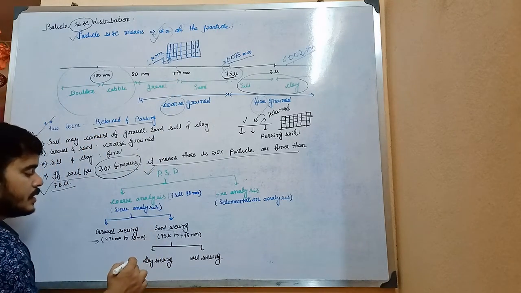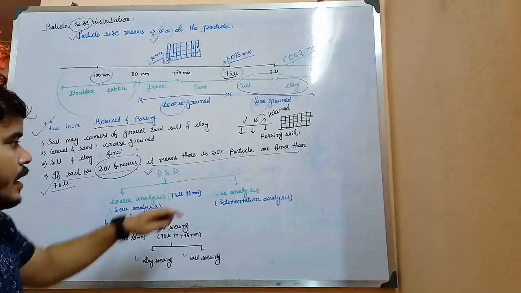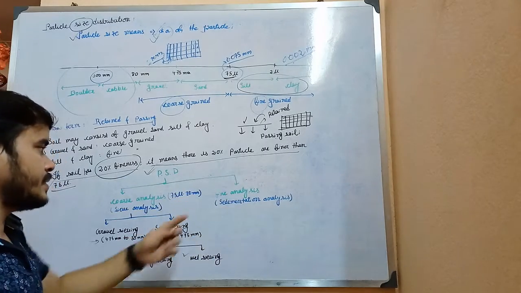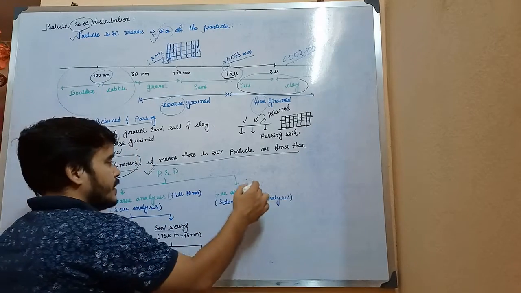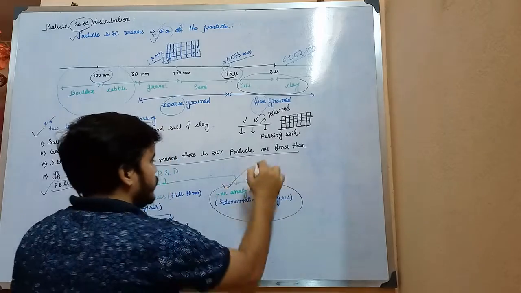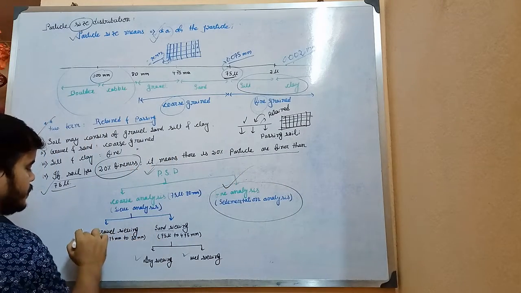For sand sieving there are two techniques, dry sieving and wet sieving. For fine analysis, it is called sedimentation analysis, which is a different technique we will cover later. Today we will cover gravel sieving and sand sieving.